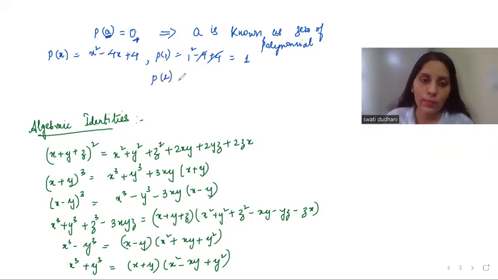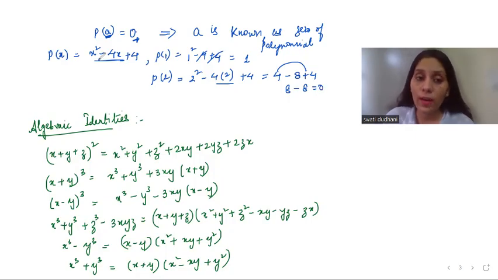Let me take 2. P of 2 is what? Substituting 2 in this: 2 square minus 4 into 2 plus 4. 2 square is 4, minus 4 into 2, 8, plus 4. 4 plus 4 is 8, minus 8 is 0. So I got the value of this as 0. So when did I get the value to be 0?